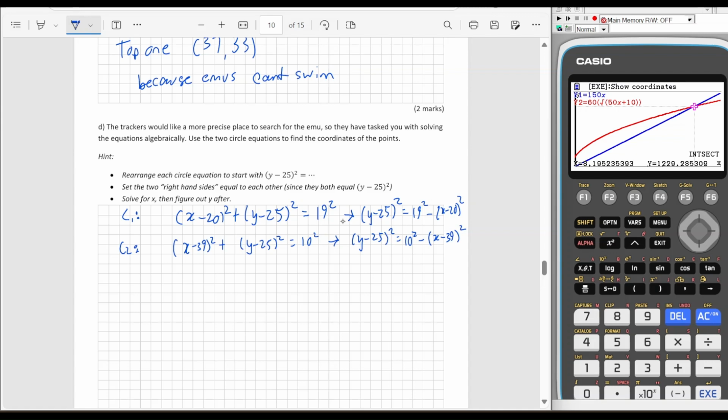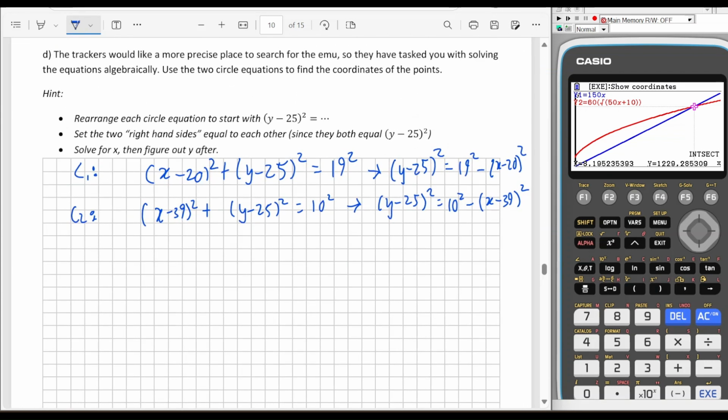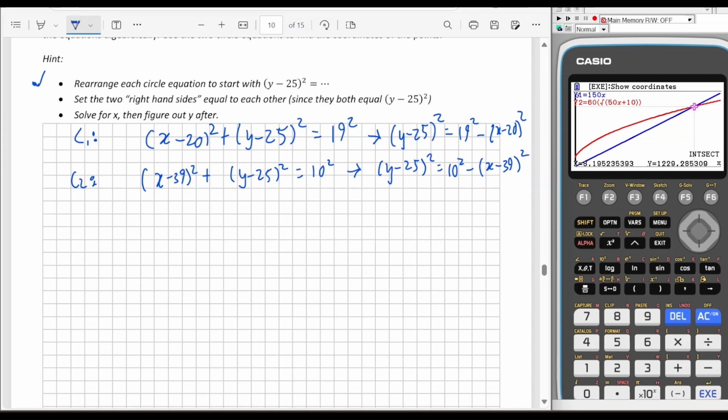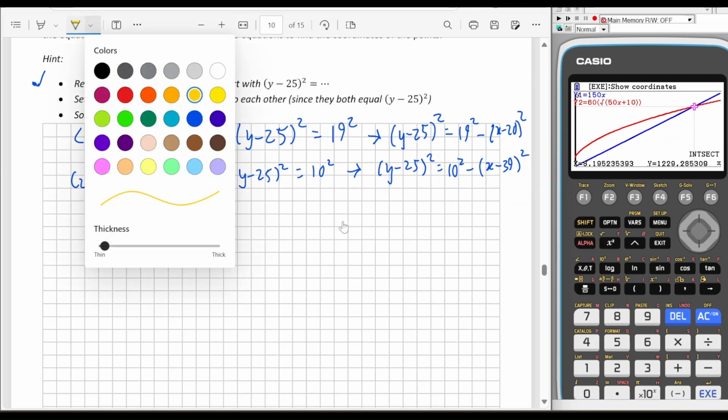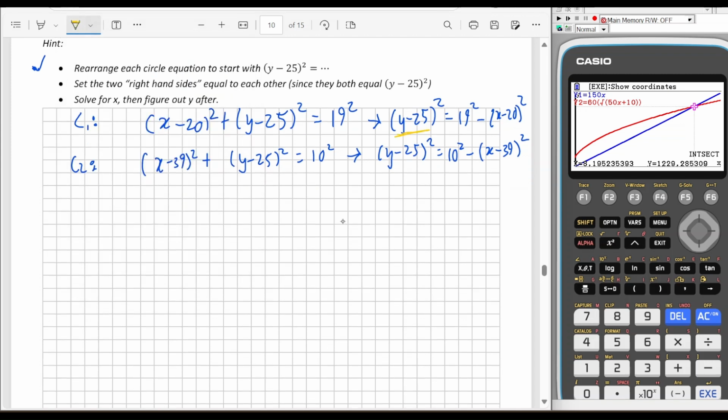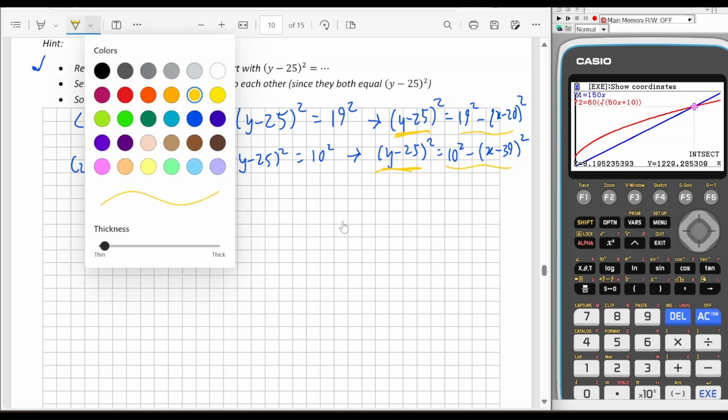All right. Wonderful. So I've done the first step, and this is why I gave you the hints, because it's a pretty tricky question. Set the two right-hand sides equal to each other. What you might notice is that both of the left-hand sides equal (y - 25) squared. If they both equal the same thing, then these two should equal the same thing on the right-hand side.